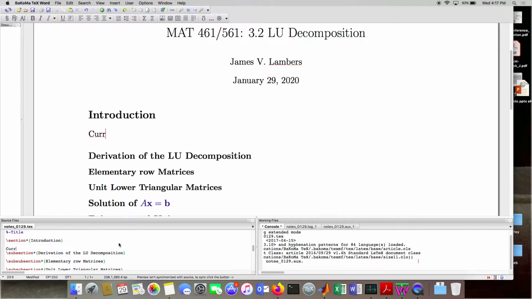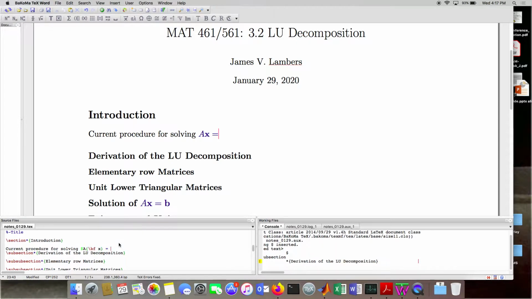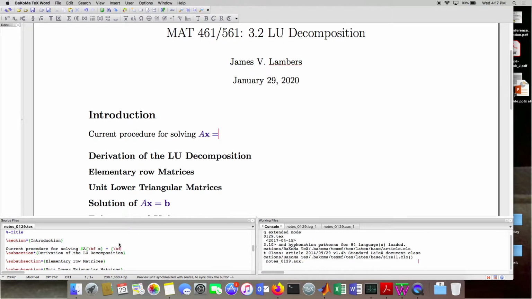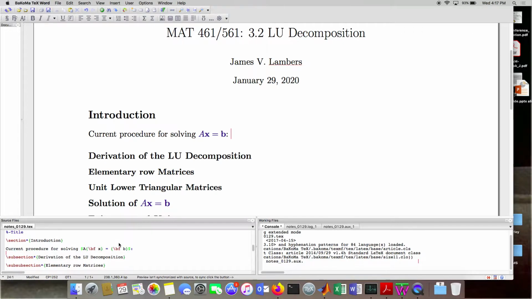So a current procedure for solving Ax = b, as it was described in the previous section.